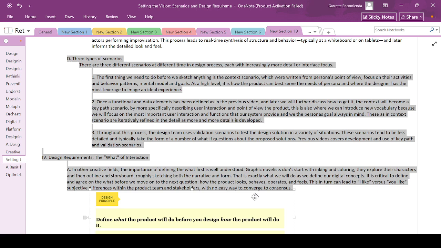We will prioritize those controls that align with the user's mental model of their most used functions, by more specifically describing user interaction and point of view of the product. This is also where we can introduce new vocabulary, because we will focus on the most important user interaction and functions that our system provides, with the persona and the persona's goal in mind.